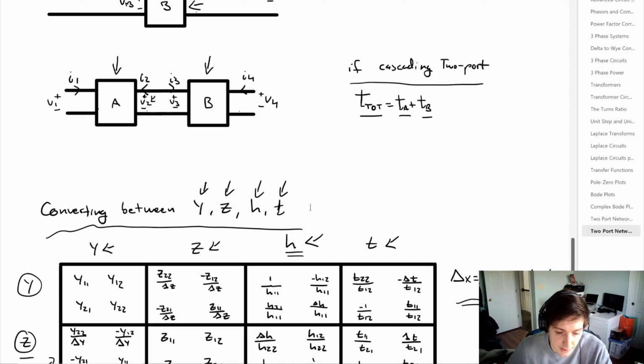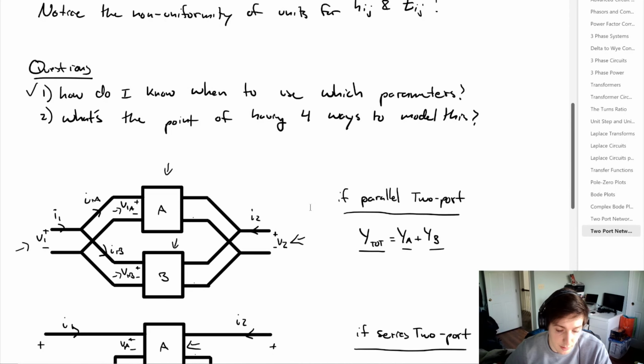So that kind of lays out the answer for question 2. What's the point of having 4 ways to model this? Well, hopefully one of the ways is pretty easy, and then you convert using the table to find the parameters you actually need. And this will do it for the Advanced Circuit Analysis course.